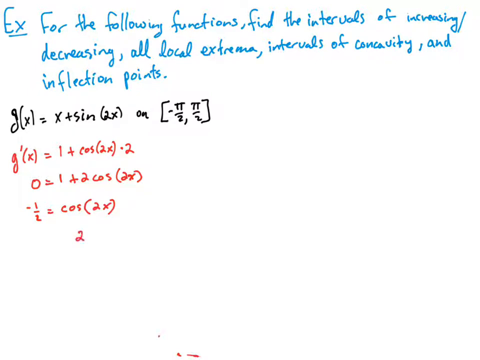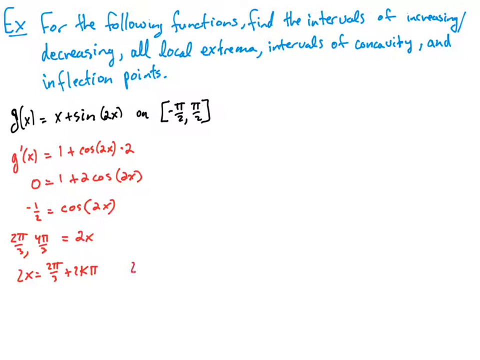So what we do is we say 2x here is equal to 2 pi over 3 and 4 pi over 3. And we're going to separate these into two separate equations, and we ultimately need to solve for x. So we get 2x is equal to 2 pi over 3 plus 2k pi. And we need to use this general term 2k pi because we have 2x here.